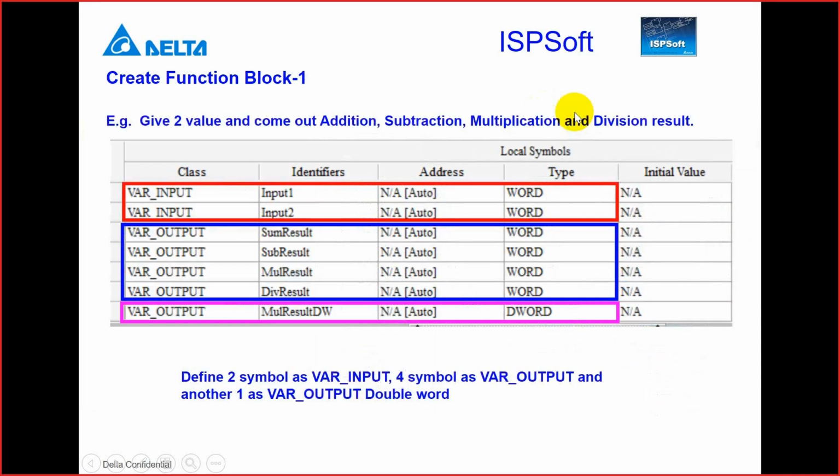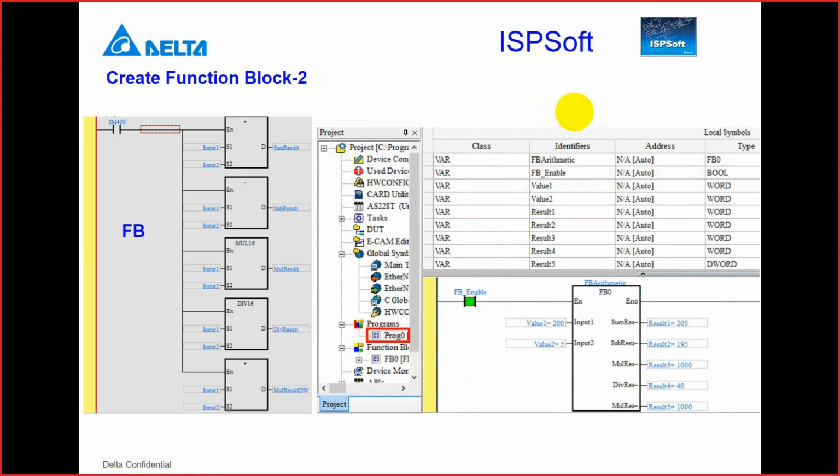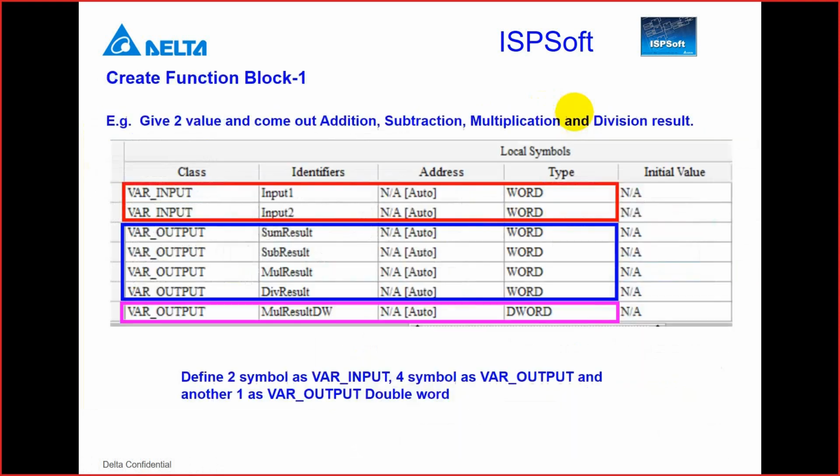I just want to let you know how to define the symbol and how you can create the function block by yourself. This is the simplest one, and definitely you can create a more advanced one.